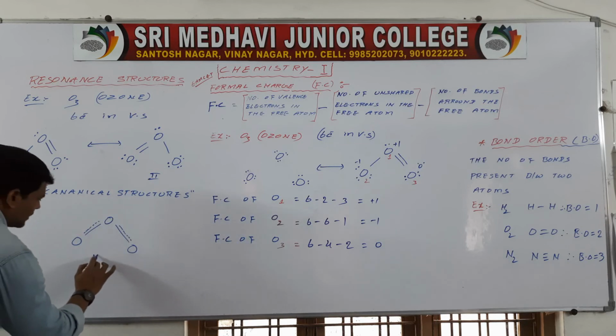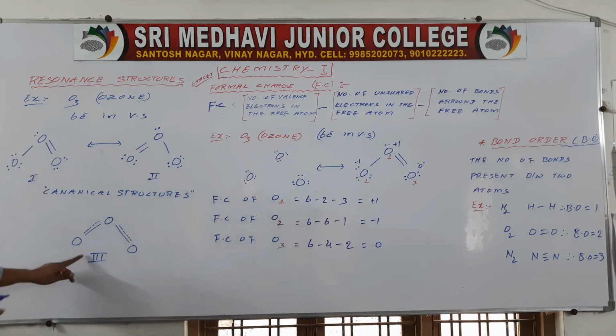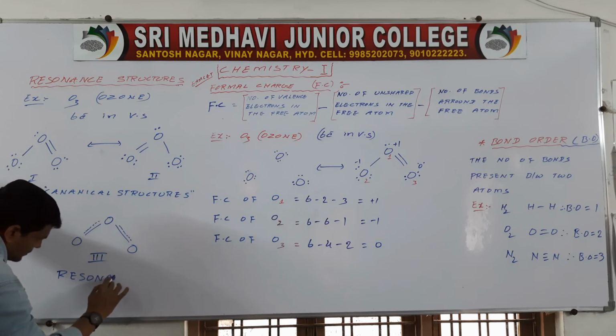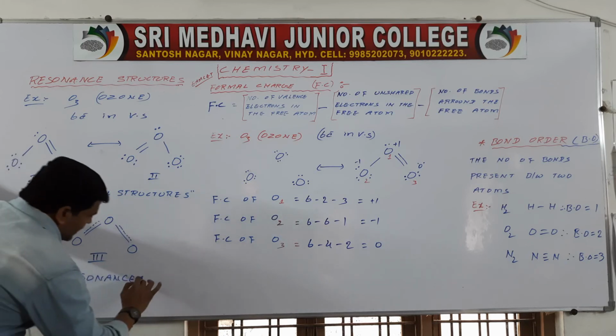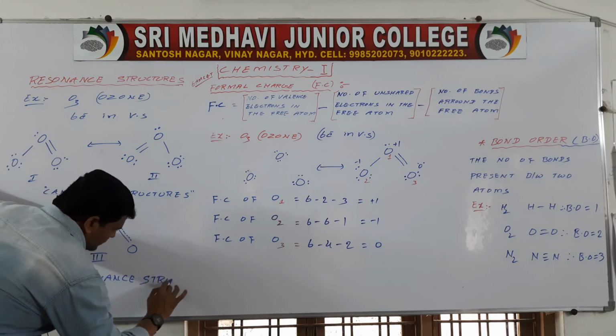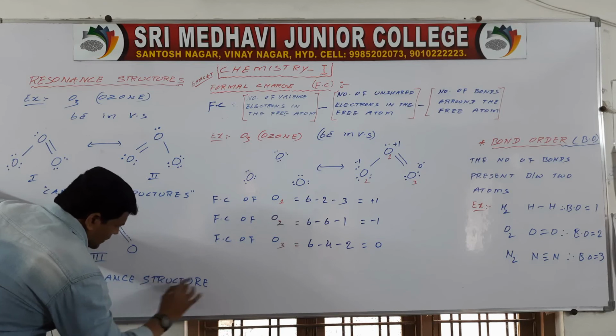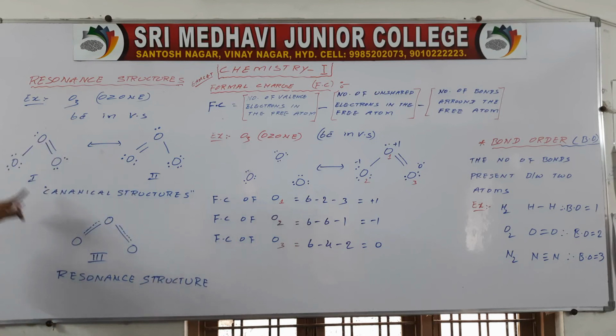It is the third, the original structure of these two. It is nothing but a resonance structure, which is more stable. 1 and 2 are canonical structures. The third is the resonance structure, which represents 1 and 2.